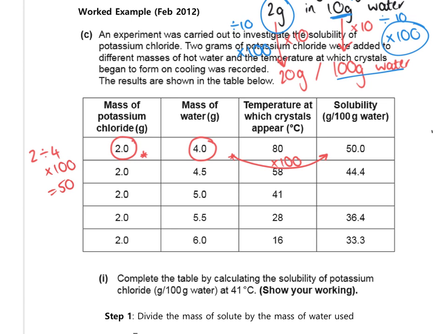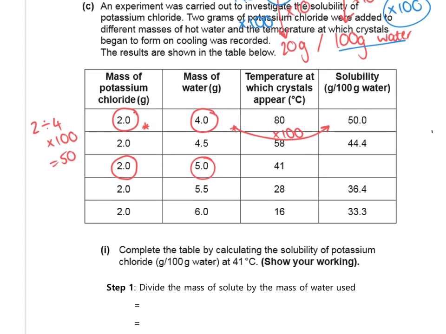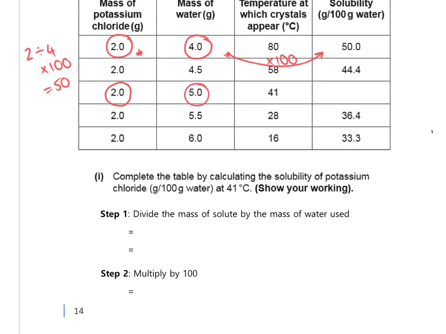So here we've got the one that we have to fill in. We need to do our mass of solute, which is potassium chloride, divided by the mass of water that we have, which is 5 grams, and then times by 100 to get it in per 100 grams of water. 2 divided by 5, if we fill in our working out down here, is 0.4.